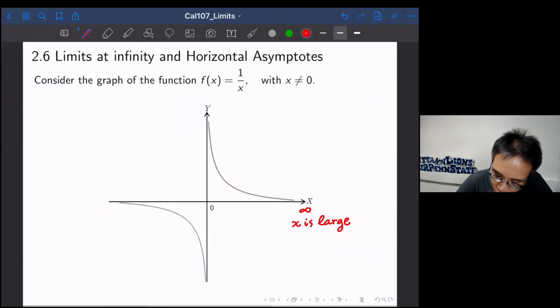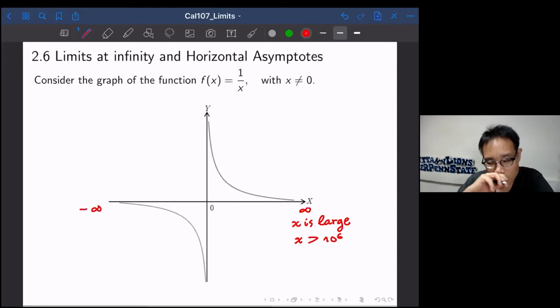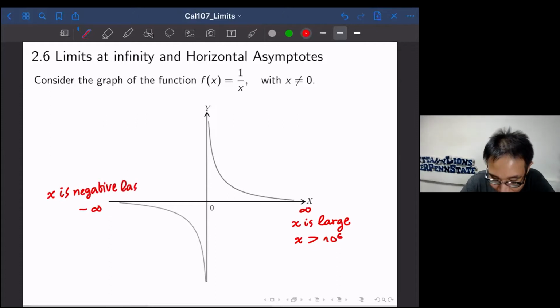So it's going to be x more than 10 to the 6, something like this. If you are talking about negative infinity, it's not called x is small. This is called x is negative large. It's not that small, right?